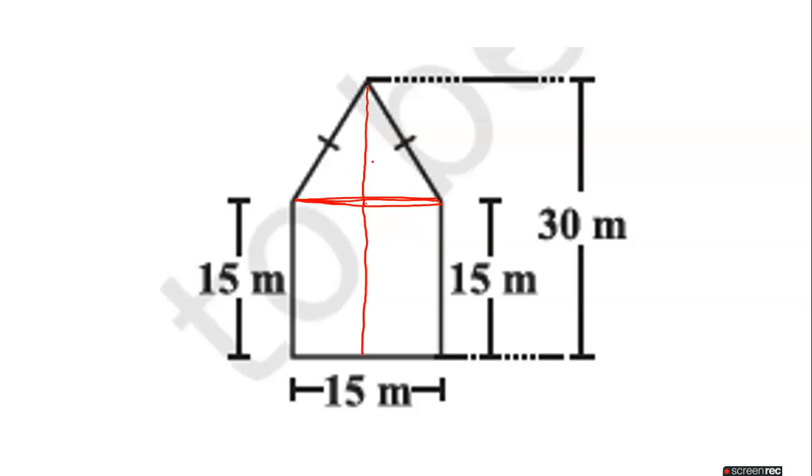One equilateral triangle we can divide into two right angle triangles. You can see here, one triangle is on the left side and the second triangle is on the right side, and both are mirror images of each other. Downside I have done the same thing. One square I have divided into two rectangles. So like this also we can get the answer.